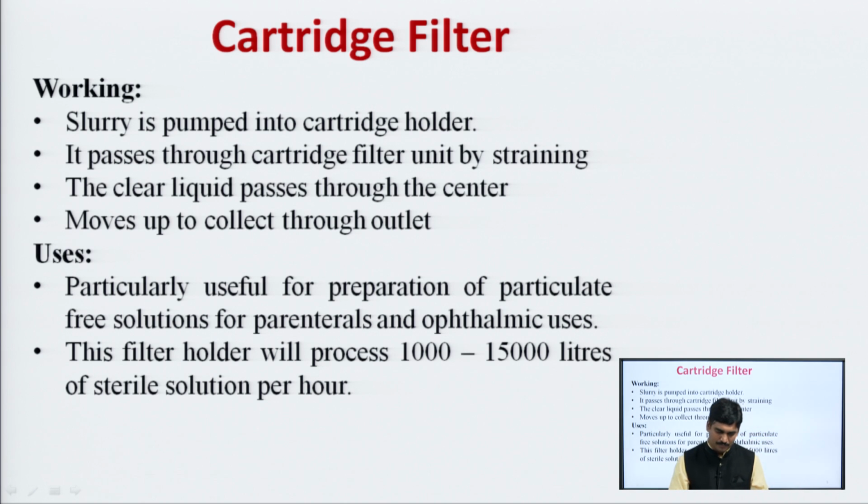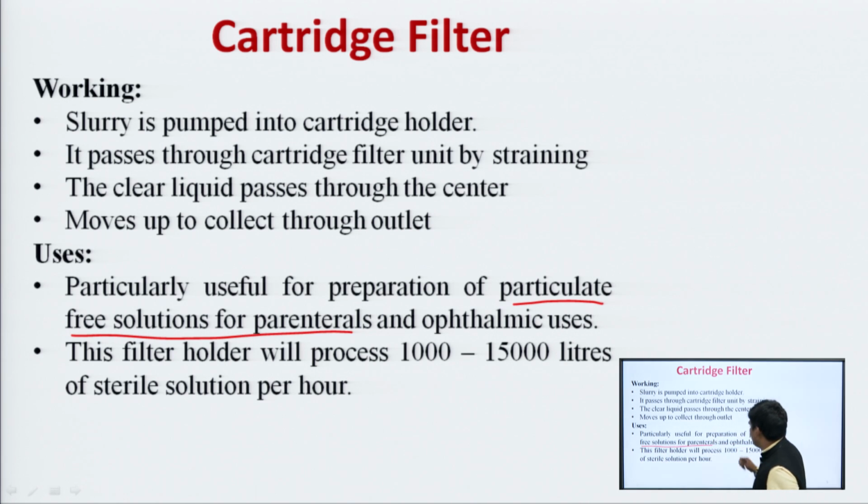Now, uses. What are the uses of this cartridge filter? Particularly this is useful for preparation of particulate free solutions for parenterals and ophthalmic preparations. So, the cartridge filter is used for preparation of particulate free solution for parenteral as well as ophthalmic preparations.